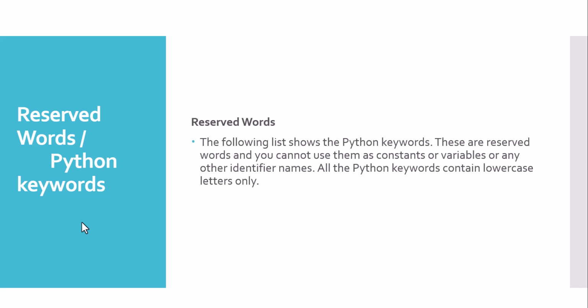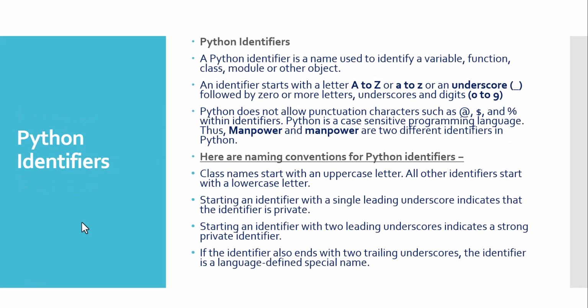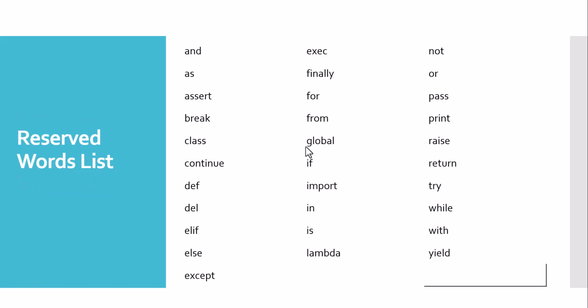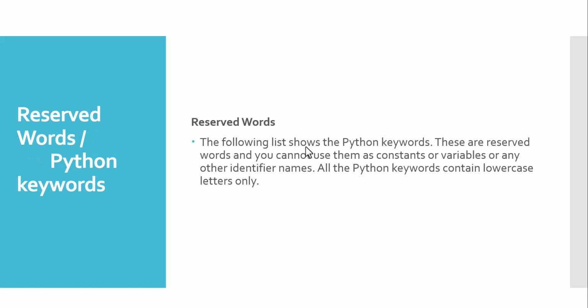We cannot use a reserved word as an identifier in Python, because a reserved word is reserved by Python, so we cannot use it as our identifier or name. Here is the list of reserved words which Python uses. The following list shows the Python keywords. These are reserved words and you cannot use them as constants, variables or any other identifier names.